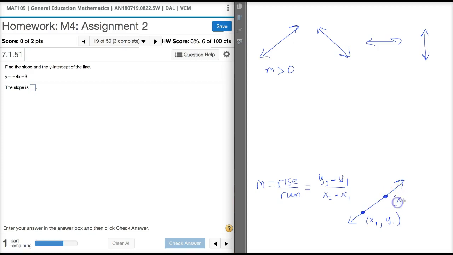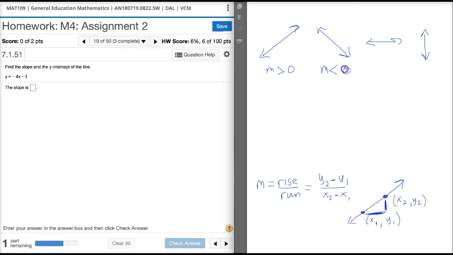The second coordinate here would be x2, y2. And if I wanted to find out what the slope of this line is, I would basically do the change in the y values over the change in the x values to figure that out. And that's what this equation is here. And when that result is positive, then we have a line that goes up from left to right. So we know that the slope is positive.